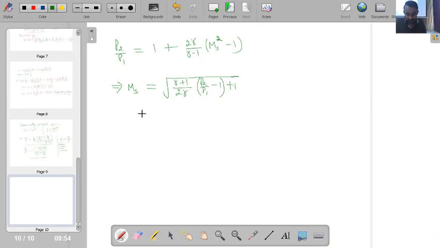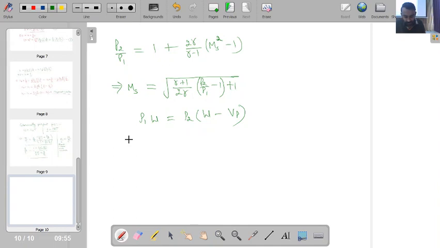Now from the continuity equation, we had this relation: rho 1 into W is equal to rho 2 into W minus Vp. From here I can make attempts to find the value of Vp.